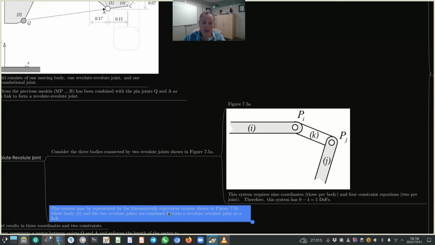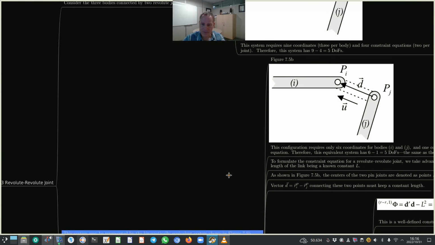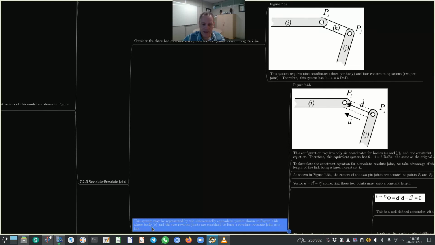This system may be represented by the kinematically equivalent system shown in figure 7.5b, where body K in 7.5a and the two revolute joints are combined to form a revolute joint as a link. Okay, and that's shown here in figure 7.5b.